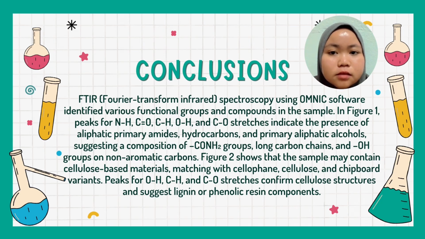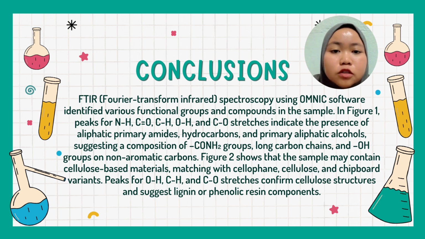The conclusion: FTIR using Omni software identified various functional groups and compounds in the sample. In Figure 1, the peak structure indicates the presence of primary amides, hydrocarbon and primary alcohol, suggesting a composition of CONH2 group, long carbon chains, and an OH group on a non-aromatic carbon.